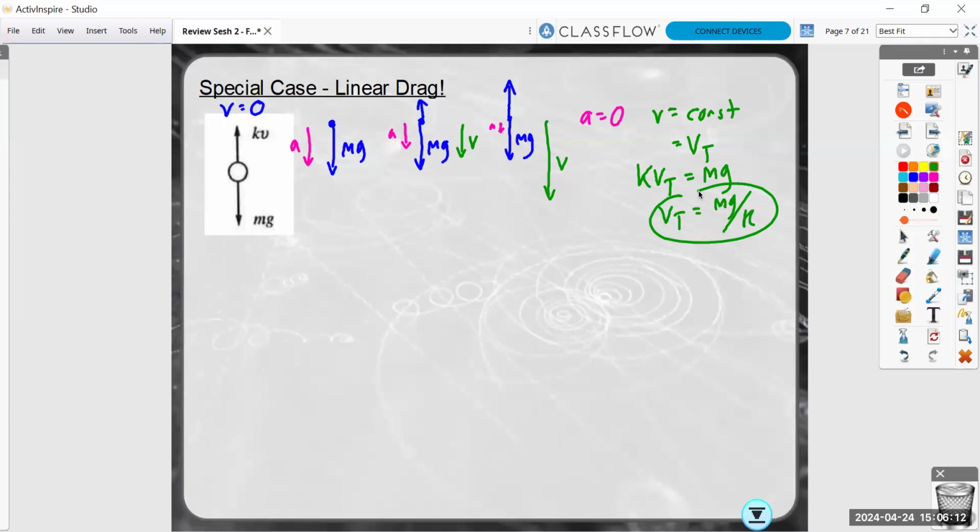So what makes this different? Why is this a special case? The reason it's a special case is imagine that we know that it starts at a velocity of zero and it ends up at a terminal velocity like this. And if we think about what that velocity versus time graph would look like, well, it's a 1 over something.